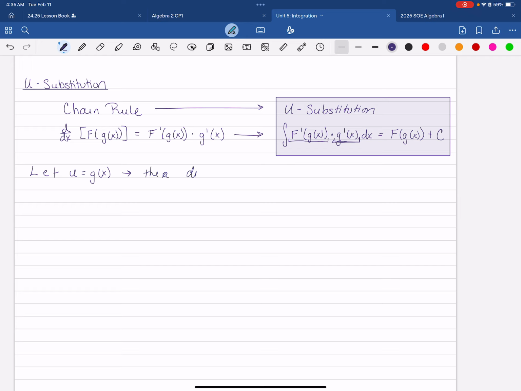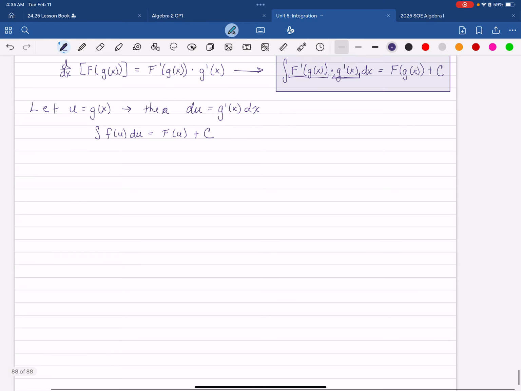Then our du, so when we take the derivative of u, would equal g prime of x dx. And so the integral of f of u du is simply f of u plus c, the antiderivative of f plus c.